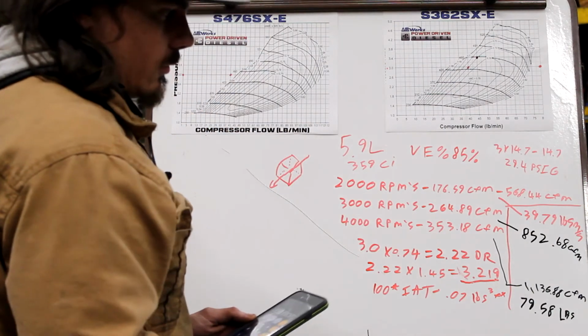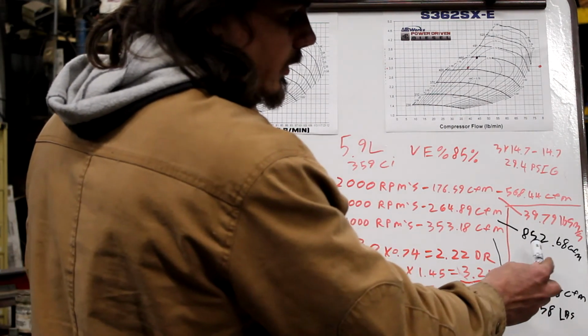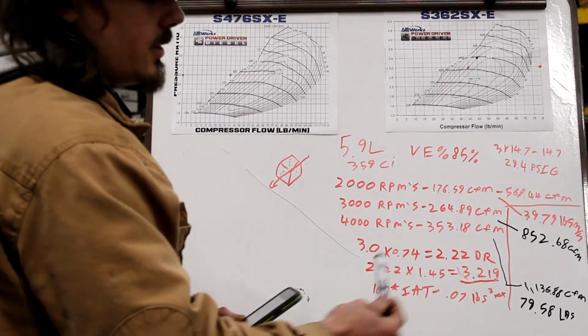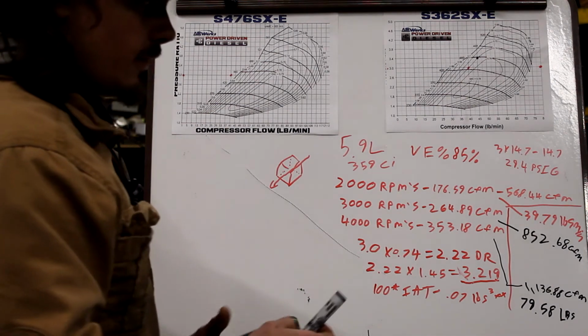So that's what we get. We're going to take our 852.68 CFM because the engine's consuming that much air by volume.